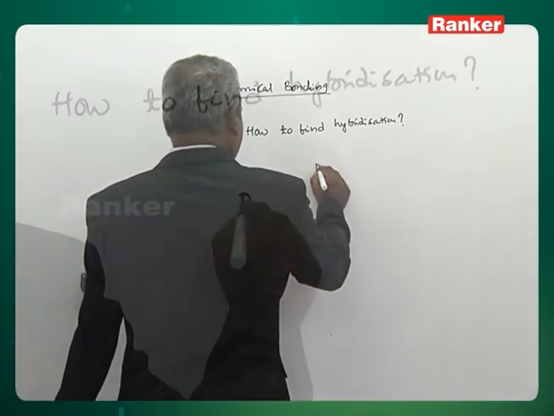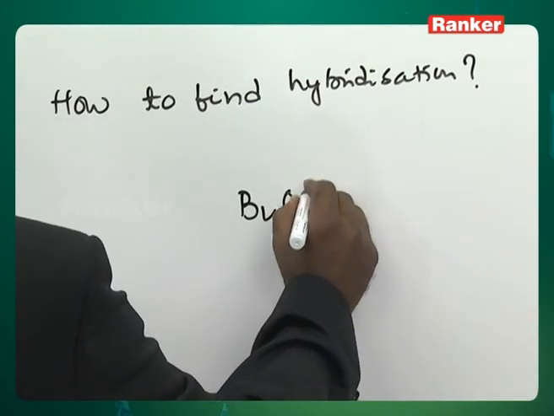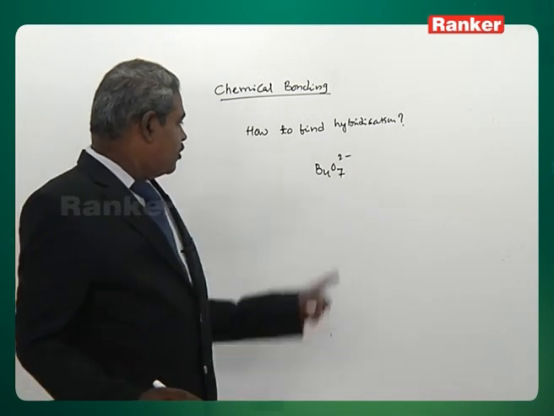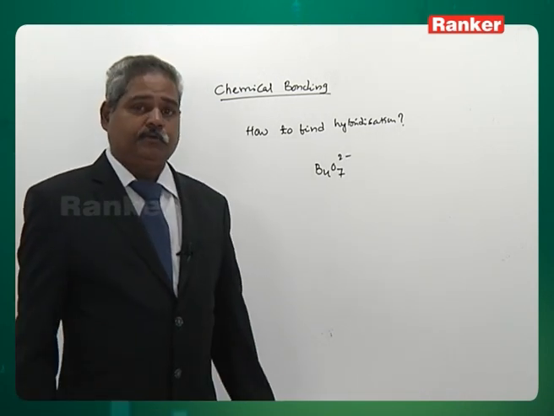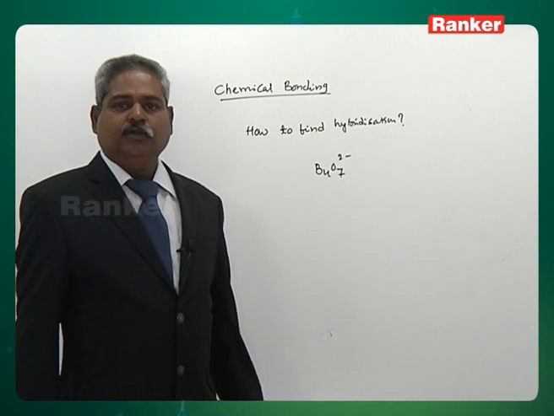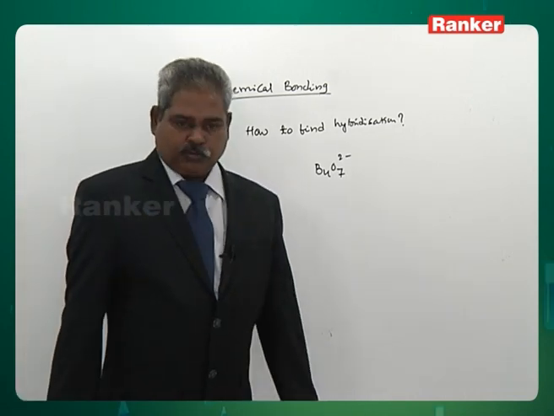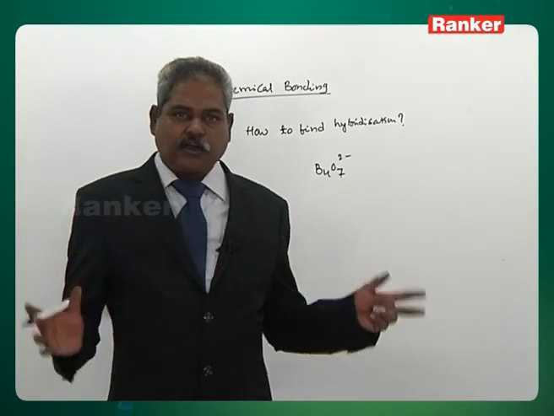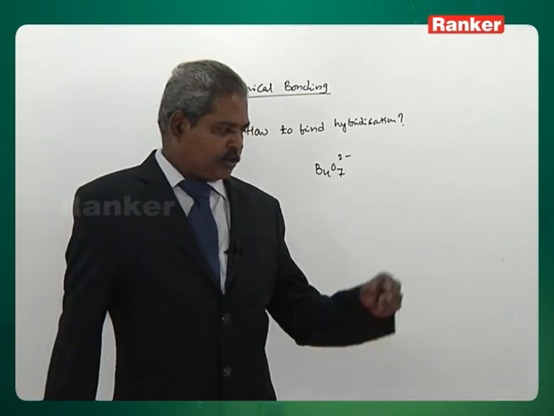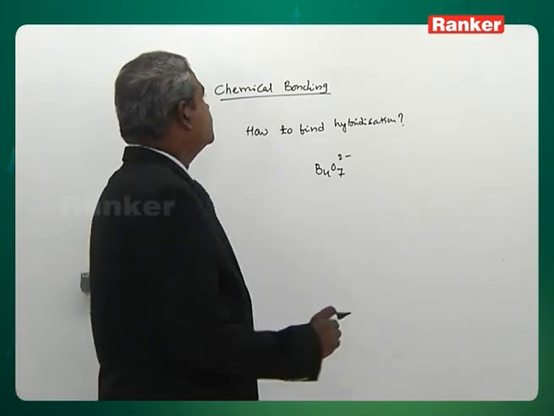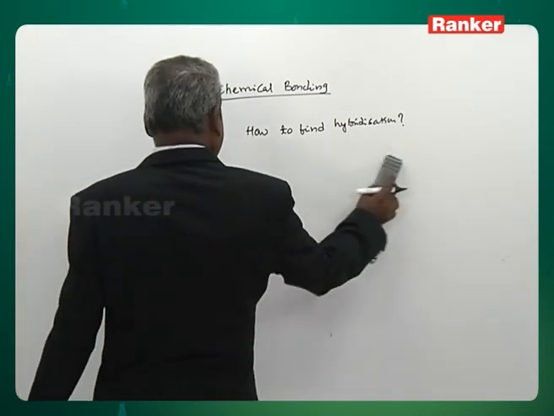Suppose you may not be able to draw B4O7 2 minus, Na2B4O7 borax, using that principle. We have to learn one or two of those separately. Most things you learn in a general way, and if there are any 1 or 2 things out of the ordinary, you learn them separately. That should not be a big problem.